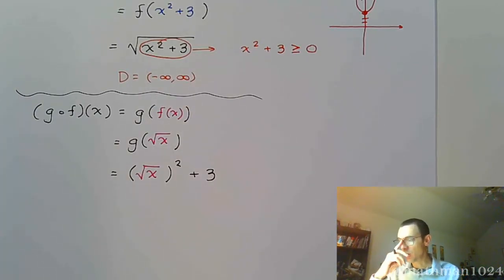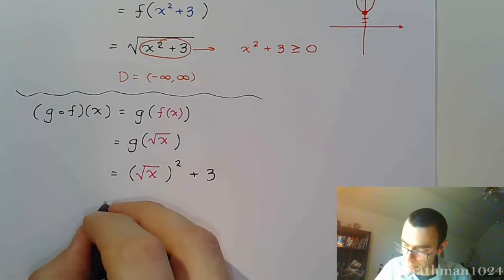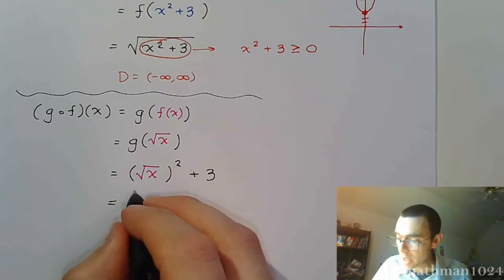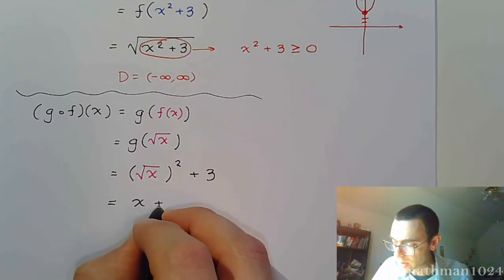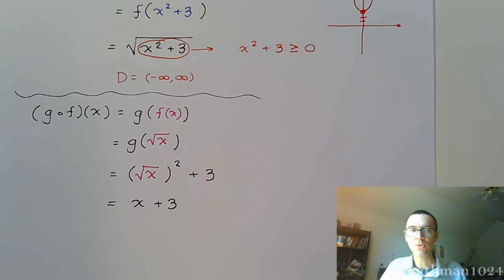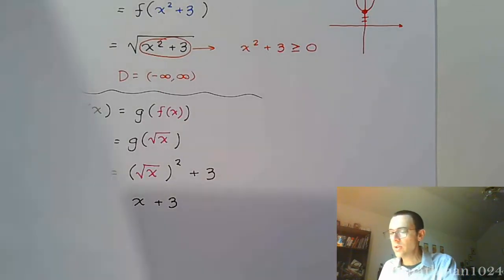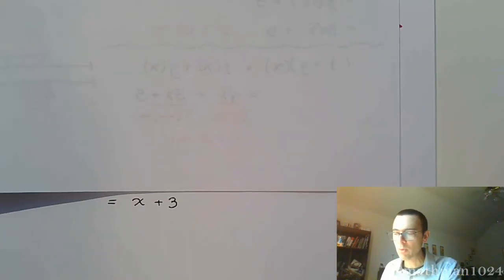Now you guys will say, oh, when you square the square root, it's like those guys cancel, they simplify away, and you're just left with x, and then plus 3. Now, if you had not seen anything else up to this point, and you just had this expression right here, and we were to talk about what's the domain, we would say the domain is all real numbers.